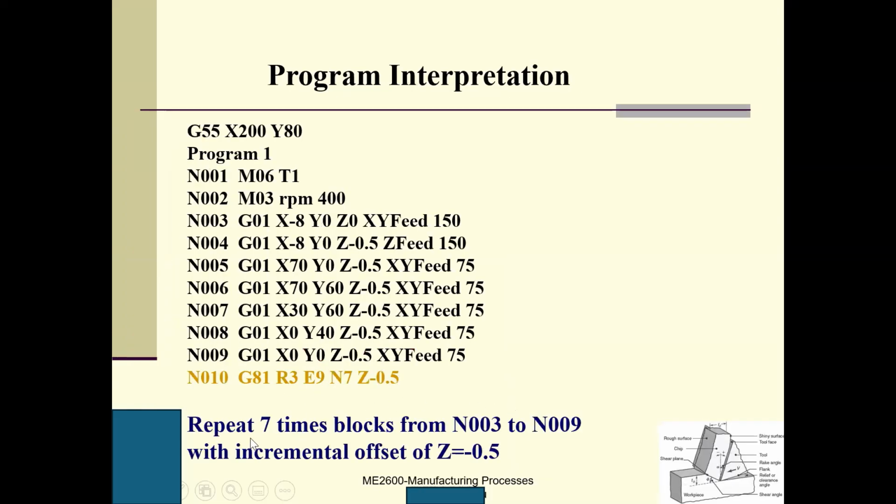So this is the repeat 7 times block from N003 to N009, with an increment of offset Z of -5. So we repeat 7 times from N003 to N009. Repeat 3 to 9.